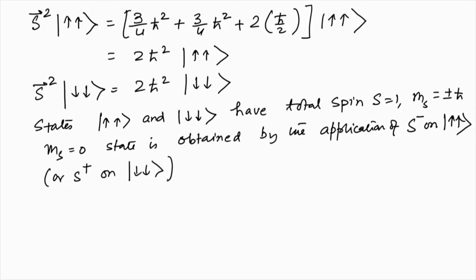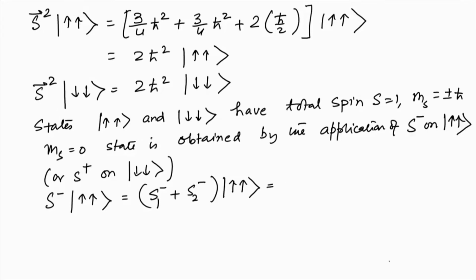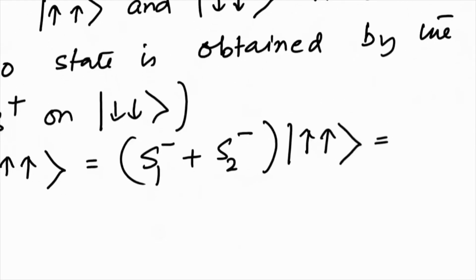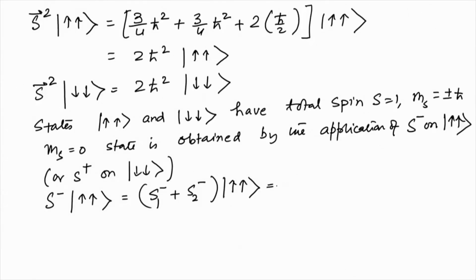So, S plus S minus on the up state gives me S1 minus plus S2 minus on the up state, which gives me, so S1 minus will lower this spin, and now this is something that you should have done in quantum mechanics. These are not eigenstates of up, but it will operate on this and give me this.